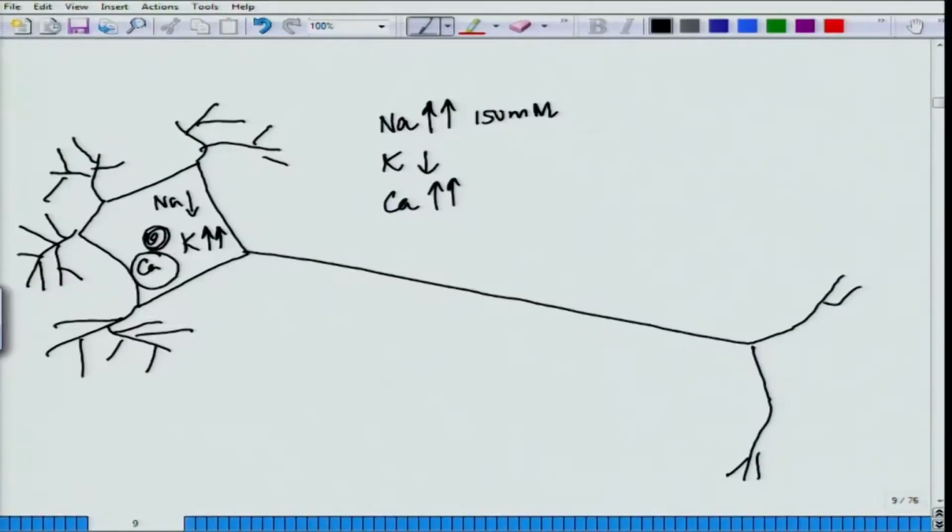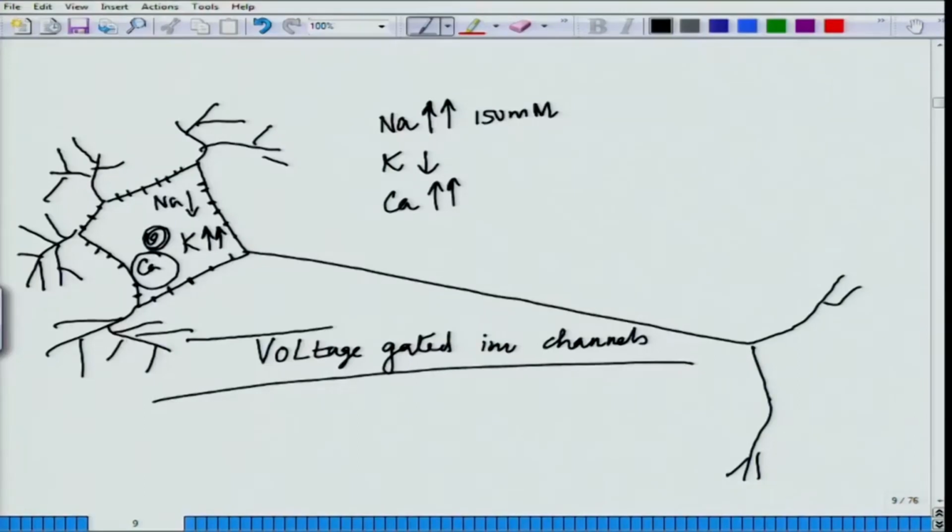So, what happens with these cells? They have a series of, likewise what I am putting as dots now, something called voltage gated ion channels. What does that mean?